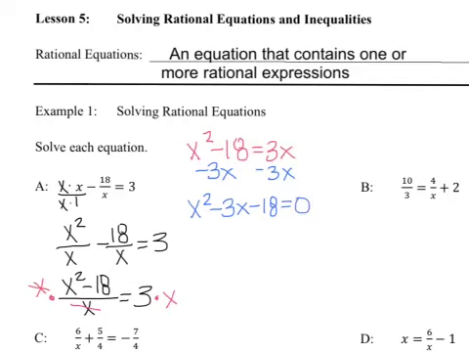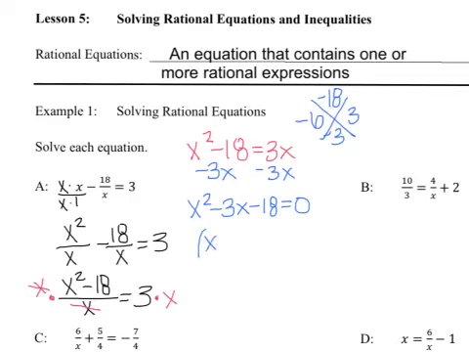Okay, once you get that, you need to figure out what x equals, so factor that. Here we've got a negative 18 on the top, negative 3 on the bottom. So we're going to use a negative 6 and a positive 3. Those will multiply to get negative 18 and add to negative 3.